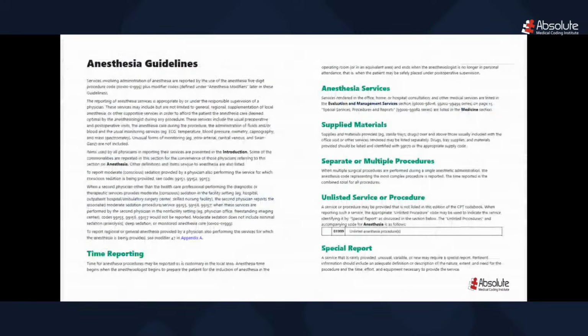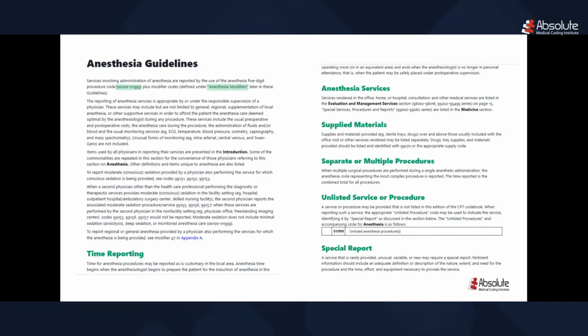Okay, now let's move on. Now that we have covered the different types of anesthesia, let's jump into the anesthesia guidelines. As I said, anesthesia services are reported using CPT codes that range from 00100 to 01999. And you must always remember, coders, these codes are not always used alone.